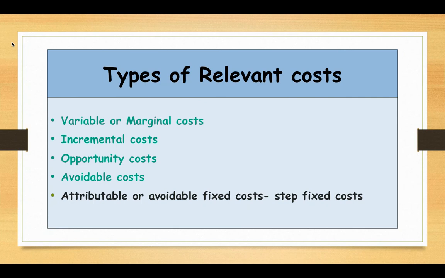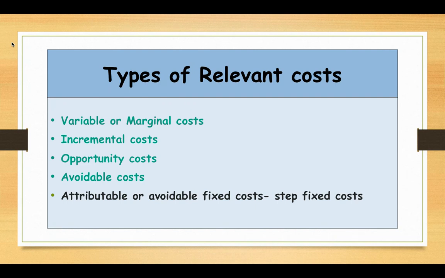because, say for example, a company is undertaking a special order. Because of that special order, the company has to hire a new factory space. So the cost of that new factory space could have been avoided if that particular order had not been undertaken by the company.